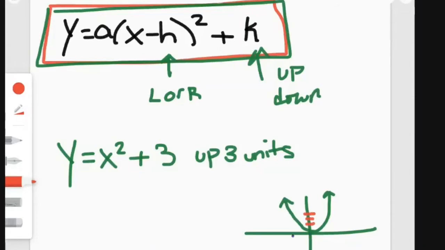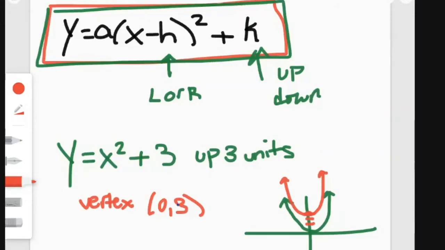Translation is we're moving it up. I'd put a little point there and sketch it. Our new vertex, instead of being at the origin, has moved up 3.